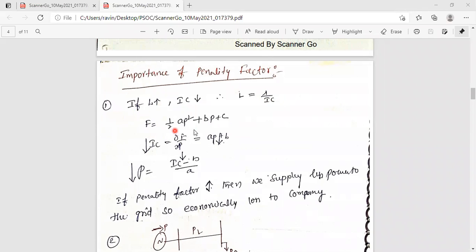Just now we discussed this, plus A plus C. A, B stand for the number of generators connected in the unit. And we know that incremental fuel cost is nothing but the difference in fuel cost.